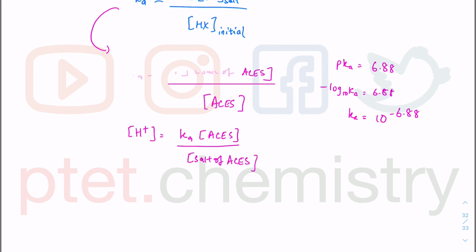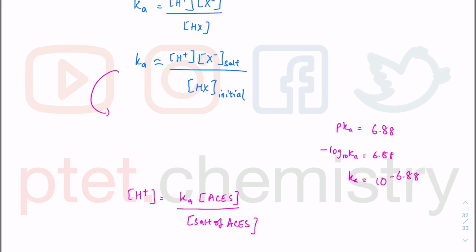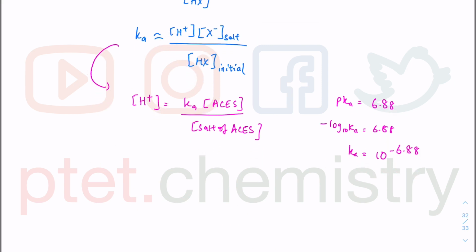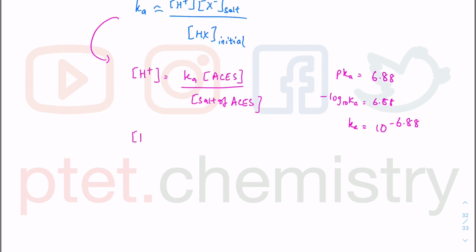So I could have cut down this step really, because I do have this previous step already. So I can just move this up here. What else do I have? If I just put in my value now, my Ka is 10 to the power minus 6.88. My concentration of excess is the weak acid.